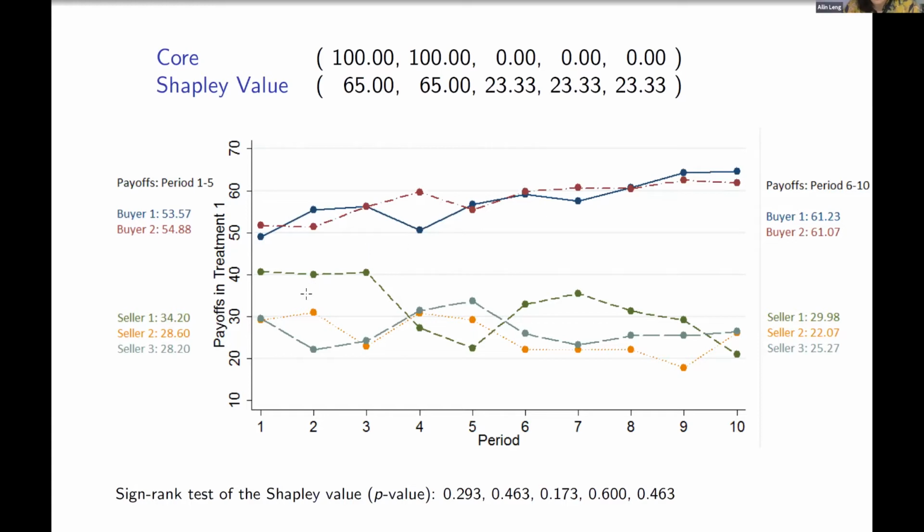And for the three sellers, their payoffs fluctuate between 20 and 40 points. It looks like the payoffs are closer to the Shapley value than to the core. In fact, if you take the last 5 periods for statistical tests, you will find no significant difference between the Shapley value and the obtained payoffs.